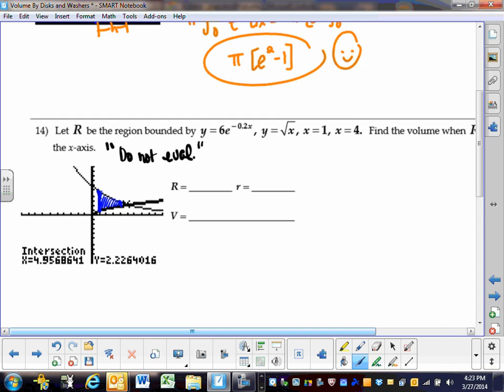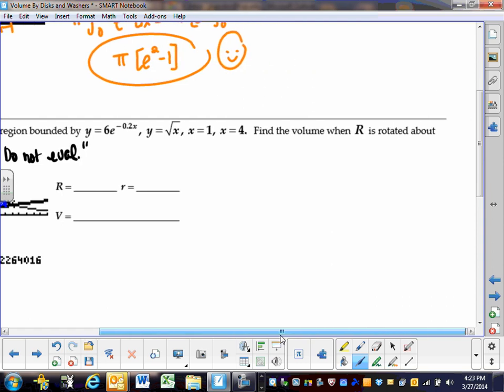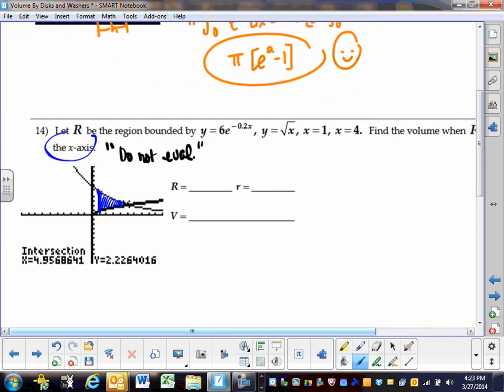So if I were to reflect that, and it says we're going to rotate about the x-axis, that's actually here at y equals 0. If I reflect that across, I have kind of a volcano. And then I do have a space. So I'm going to have an inside and an outside radius.